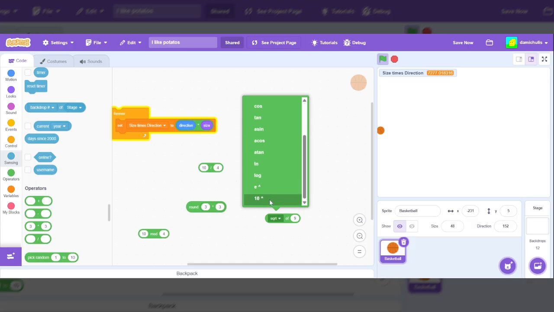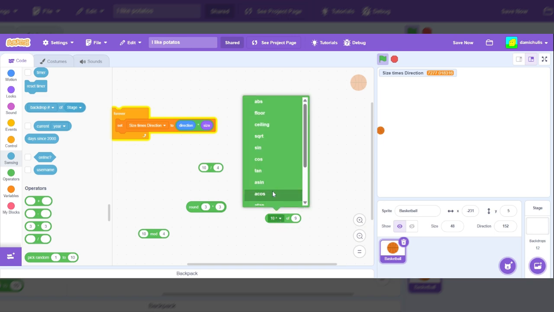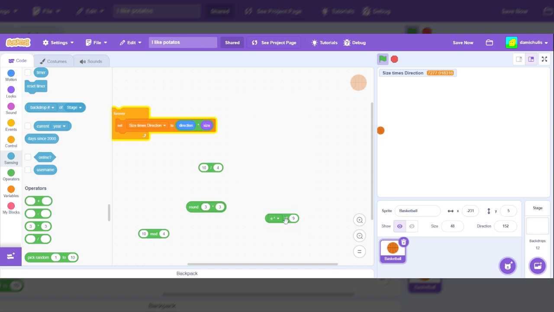And then there's this, which is like 1 and this amount of zeros behind it, and then this, which I have no idea what it does.